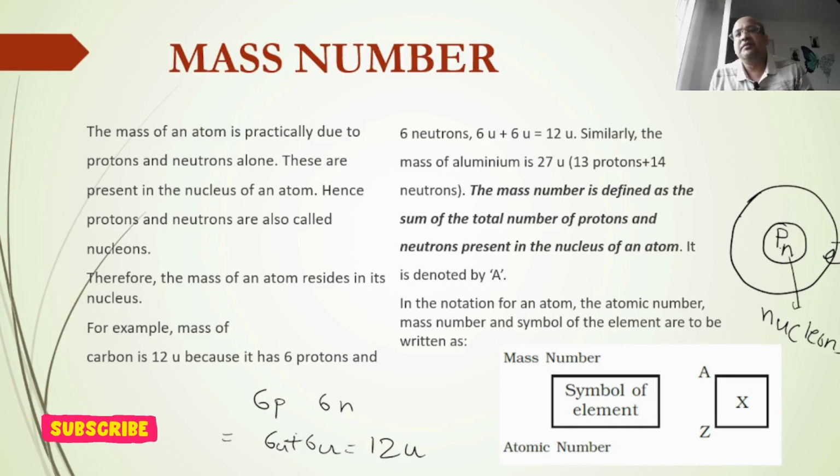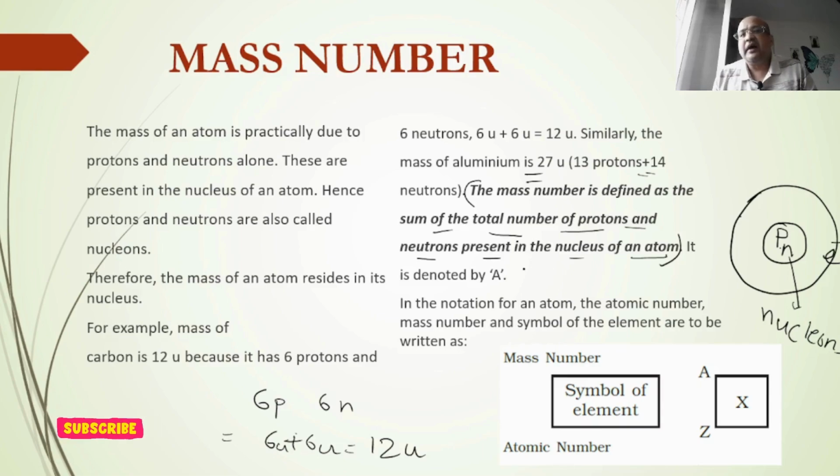Similarly, the mass of aluminium is 27, because there are 13 protons and 14 neutrons in aluminium. So the mass number is defined as the sum of the total mass of protons and neutrons present in the nucleus of an atom. It is denoted by capital A.